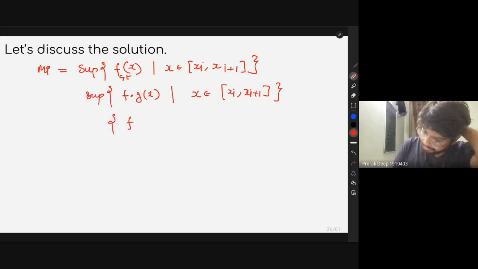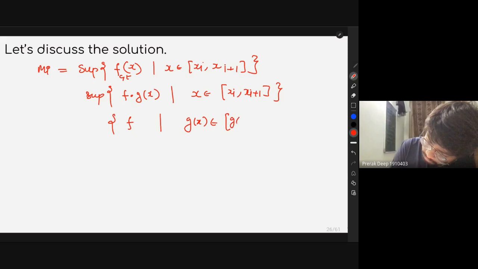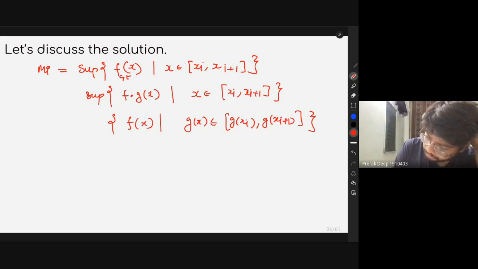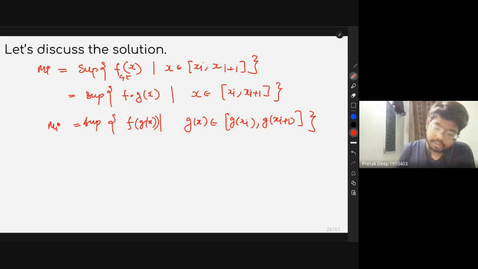Now this f, if I switch the domain, then this will be nothing but taking f of g(x) from this. So the supremum will still remain same. Supremum is not gonna change.